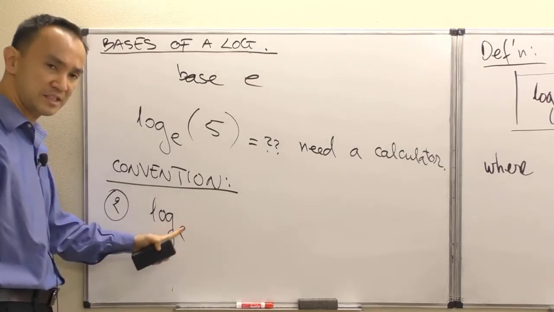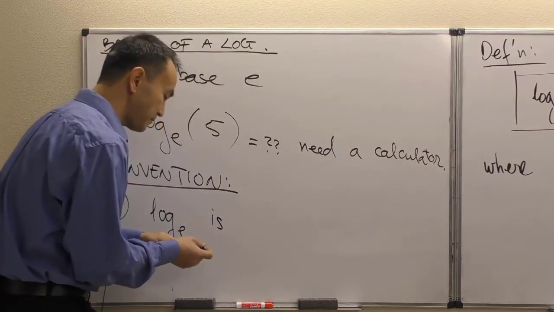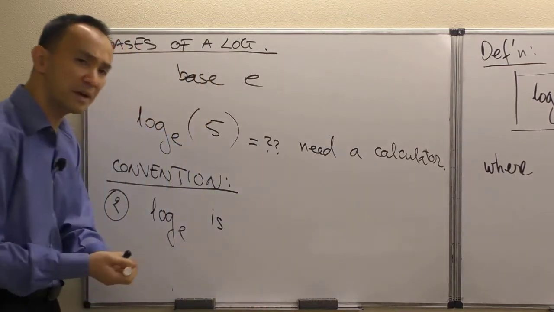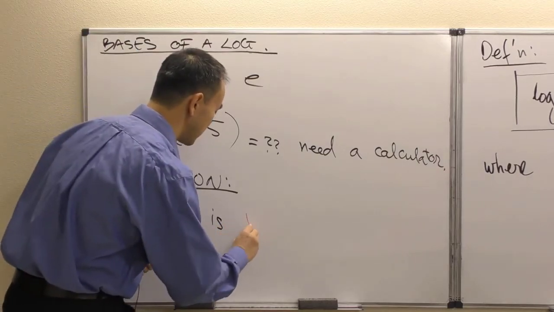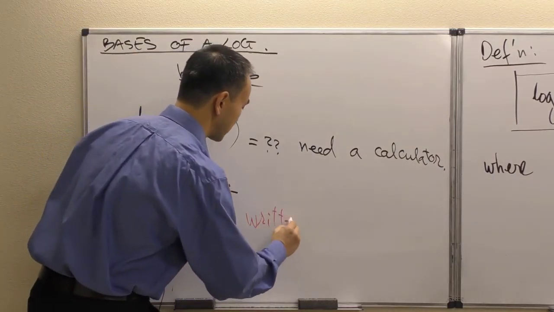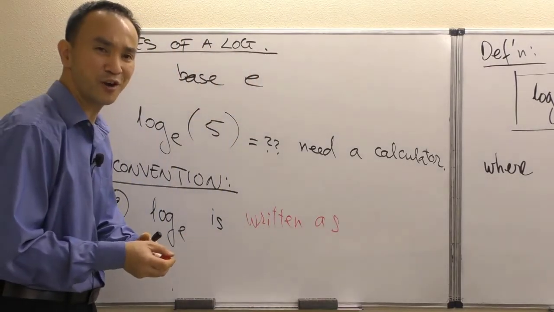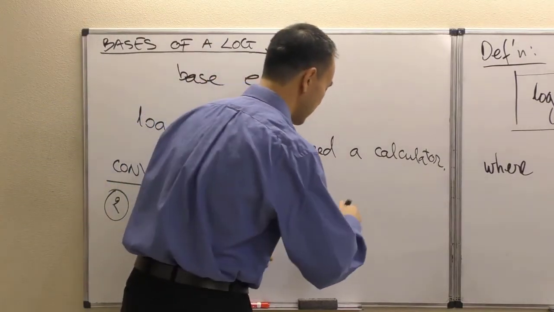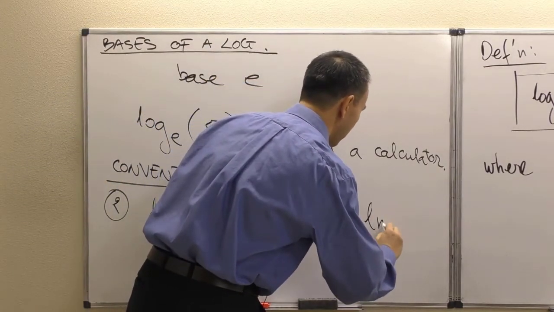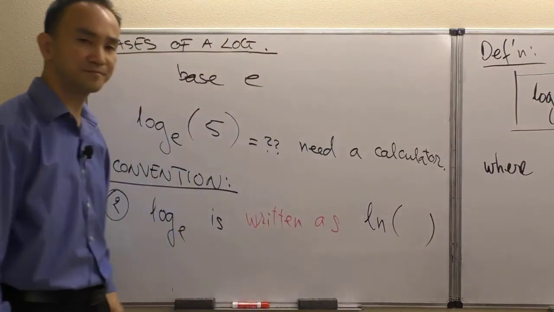Anytime we come to log base e, we don't write log base e, but it's written as another convention to write the symbol for another base of a log. We write that as ln, and then whatever number that is.